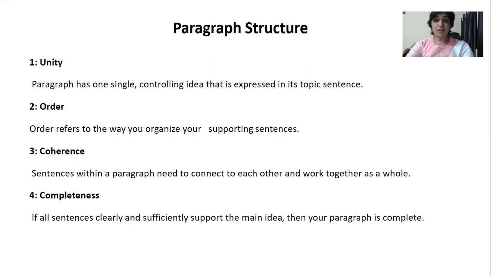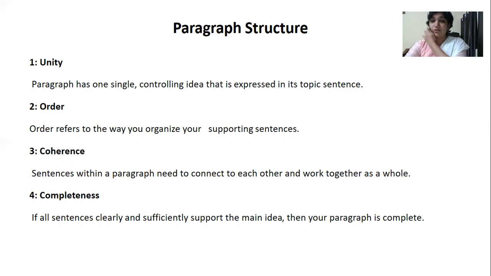One more thing is that the conclusion is very, very important for a paragraph. Most of the time when we are writing an essay, we tend to go on writing paragraph after paragraph without noticing that every paragraph is an entity in itself, and therefore you need to look into the parts of these paragraphs, which are very, very important. Like, do you have a conclusion for the paragraph?